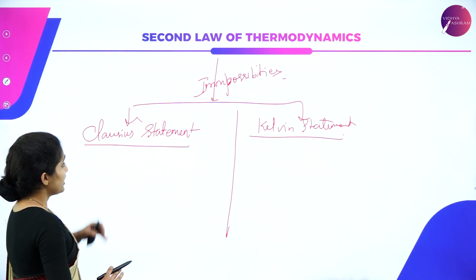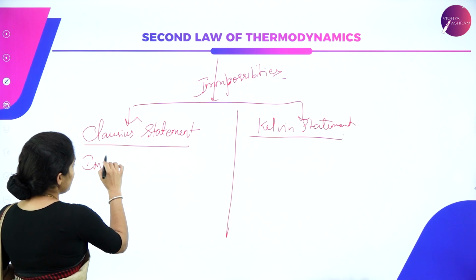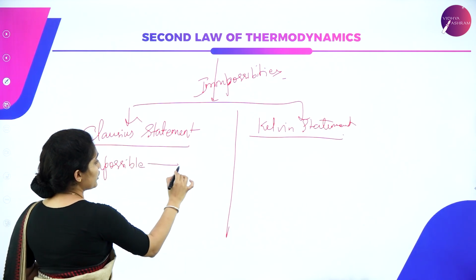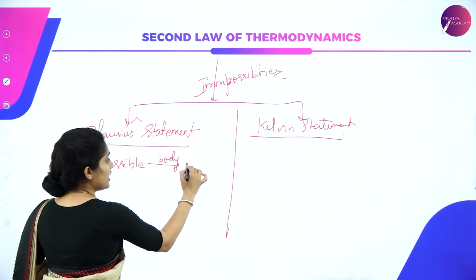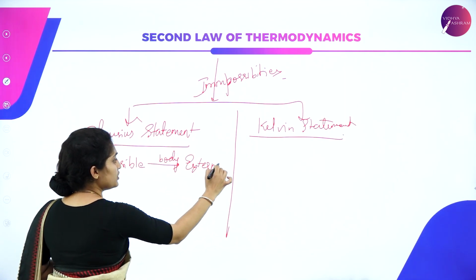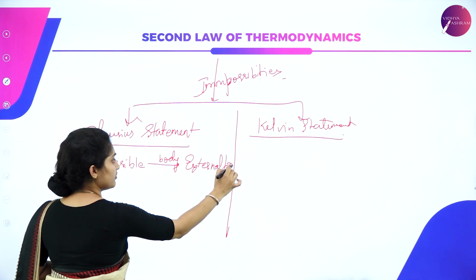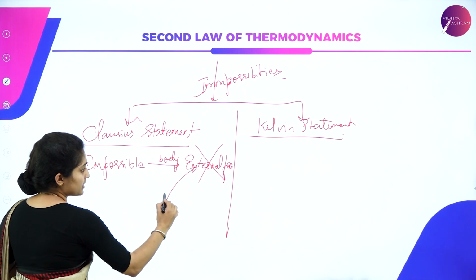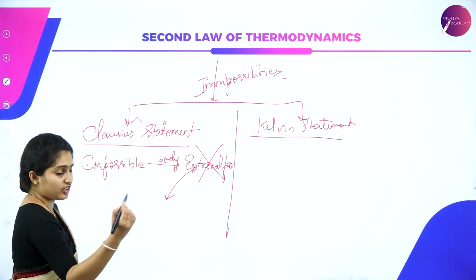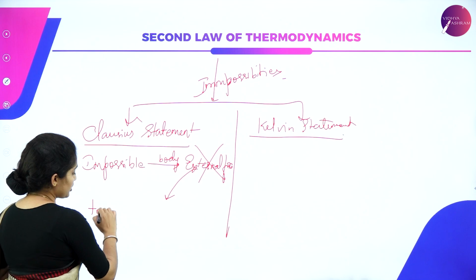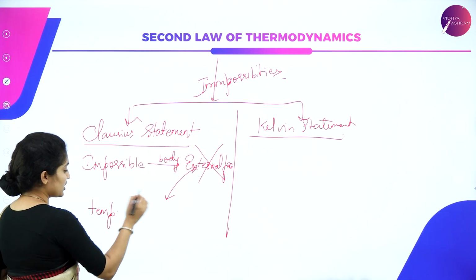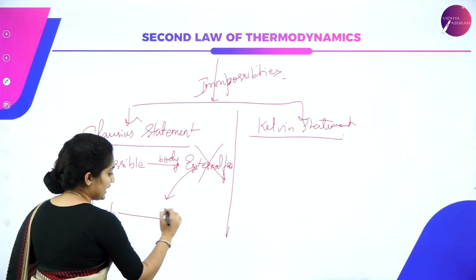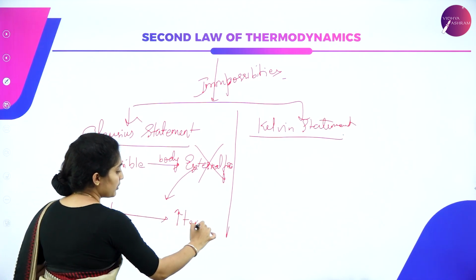One is, they have told that it is impossible for a body which is unaided by an external force to exert energy such that heat energy passes from a lower temperature region to a higher temperature region.